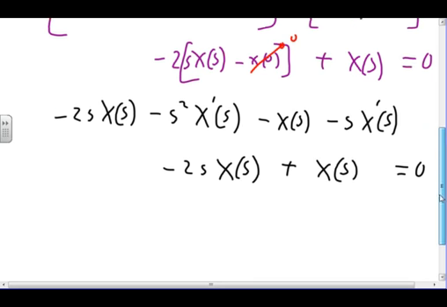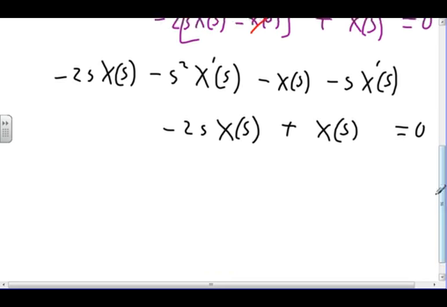All right, so now we've got, what do we got? I look at minus s squared, minus s squared plus s x prime of s, and then I'm going to bring these guys together.